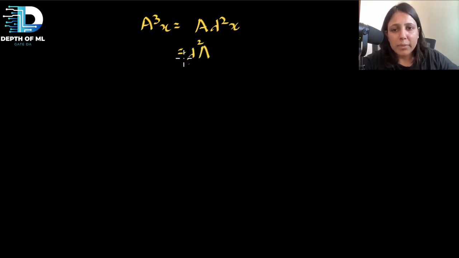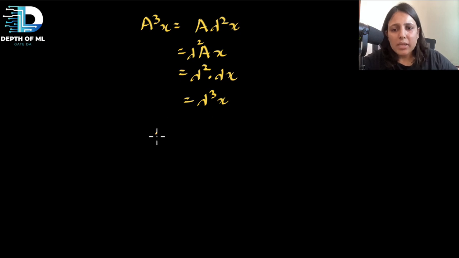Similarly, if I have A cube x, I know that this is A into lambda square x, which is A times lambda square x. I'll take lambda square outside because it is a scalar, a constant. Then again Ax is lambda x, so I have lambda square into lambda x, which is lambda cube x.